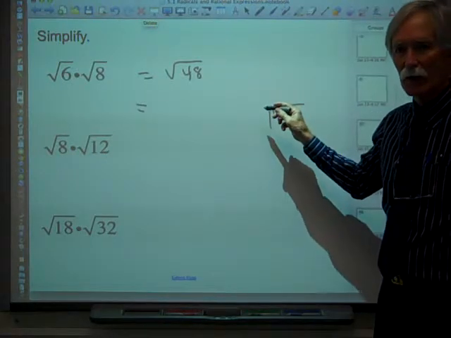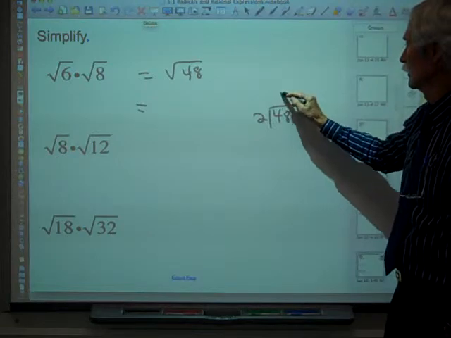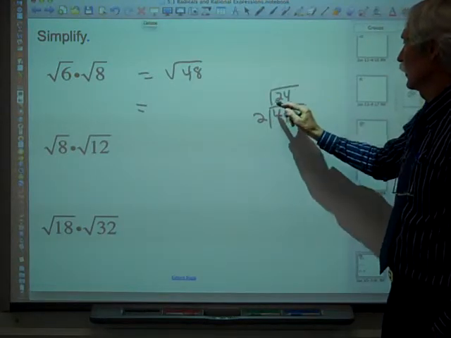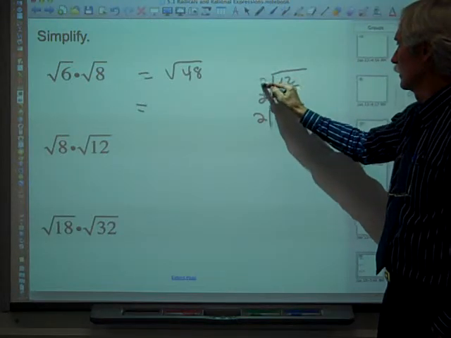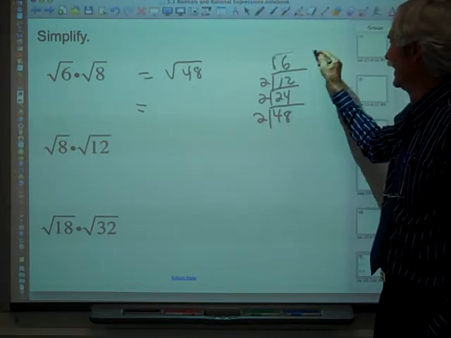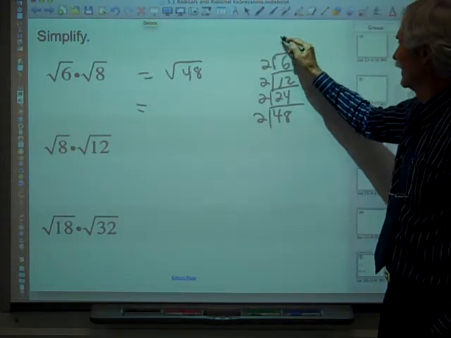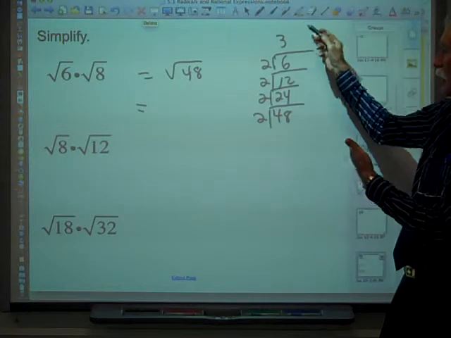What is the smallest prime number that can divide 48? What divides 24? 8. And what you get is the prime factorization of 48.